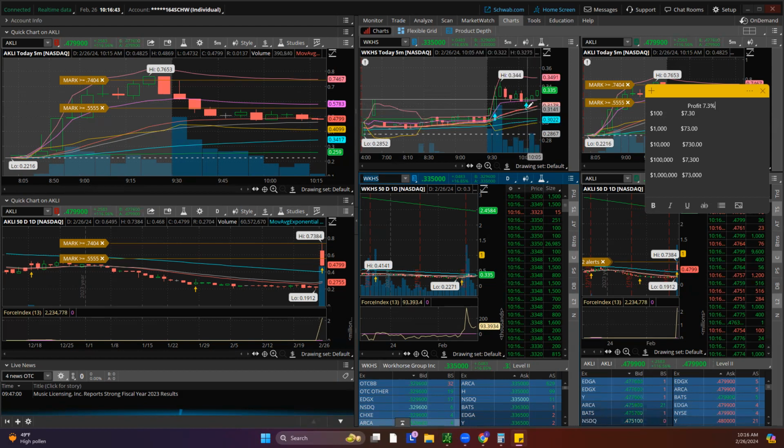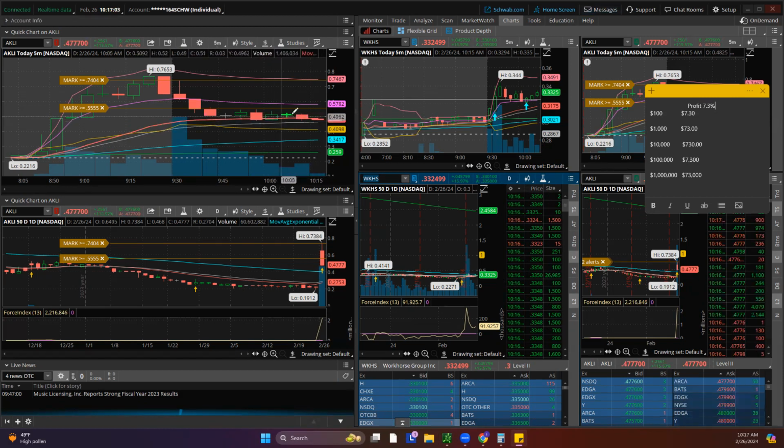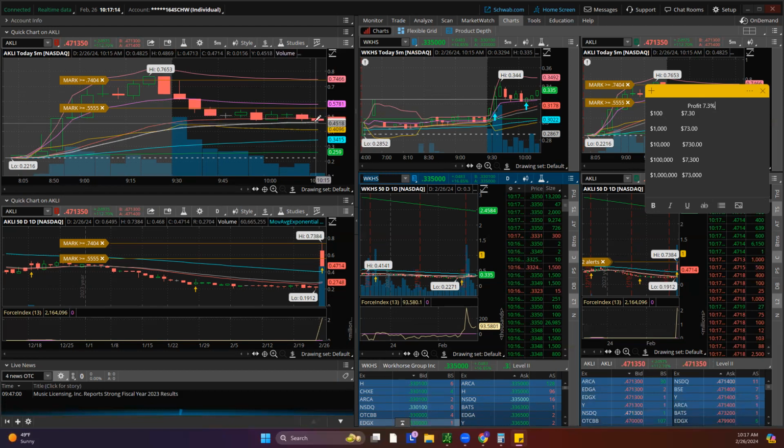And this one didn't even dip down to the 21, 28. But I mean, I have 25% of my position left. I've locked in just under $6,000. And so if I need to cut this piece for a loss, I will still be in profit because it's so small.